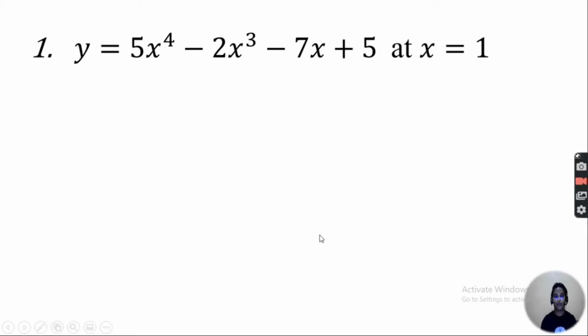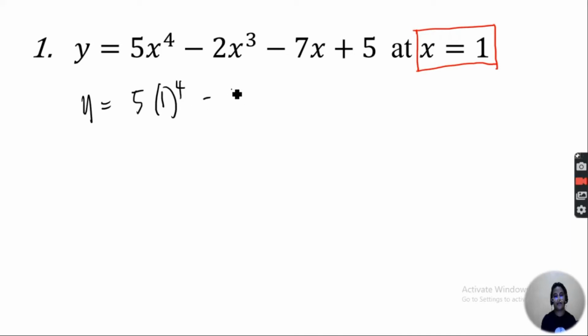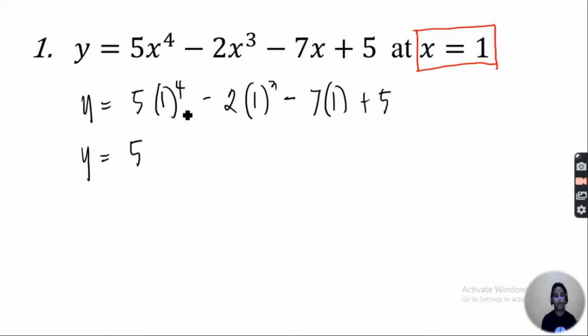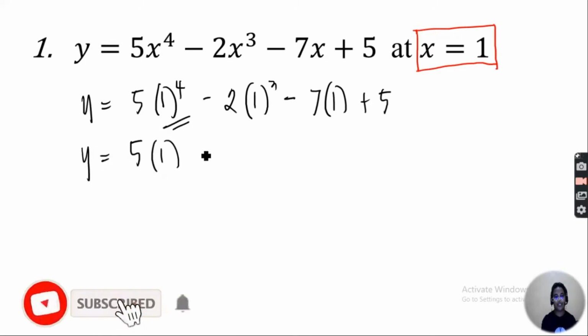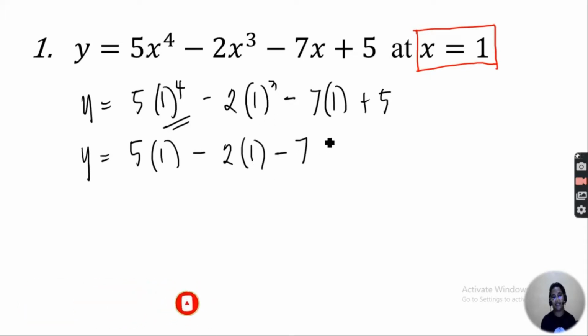So, ang una nating hanapin is y gamit yung ating x na 1. So, ganito na po. So, y is equal to 5 times 1 to the fourth power minus 2 times 1 to the third power minus 7 times 1 plus 5. So, solve natin yung y. 5, 1 raised to 4 is 1, minus 2, 1 raised to 3 is 1 also, 7 times 1 plus 5.